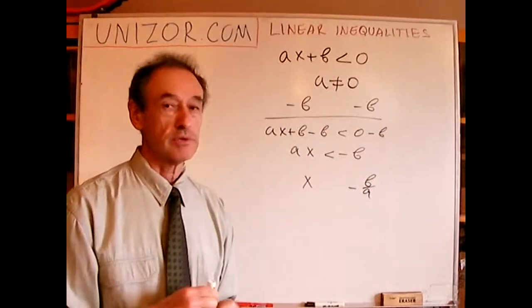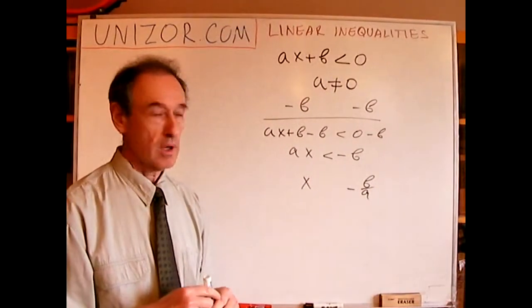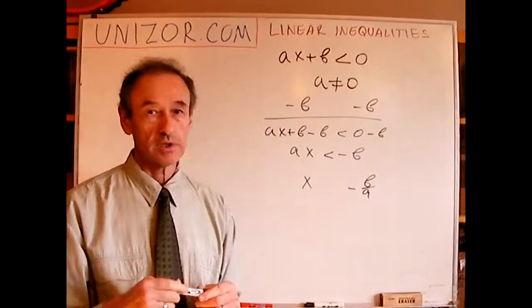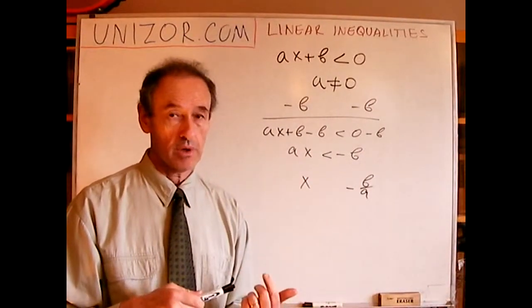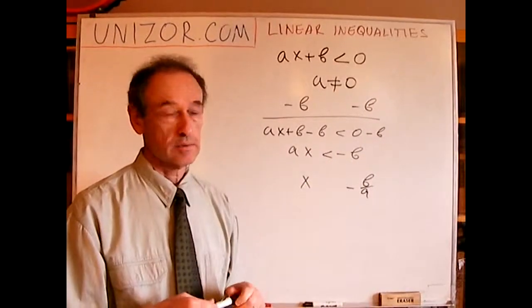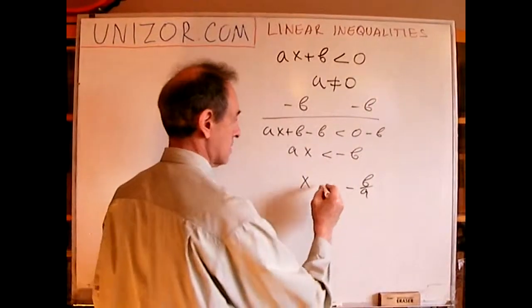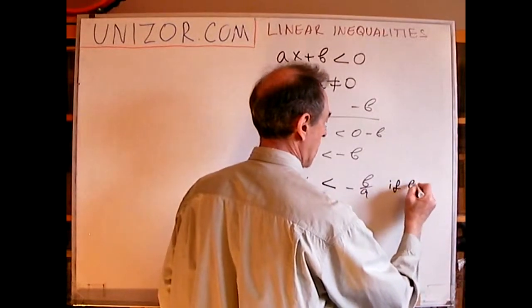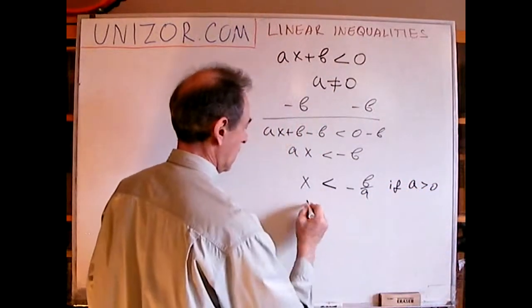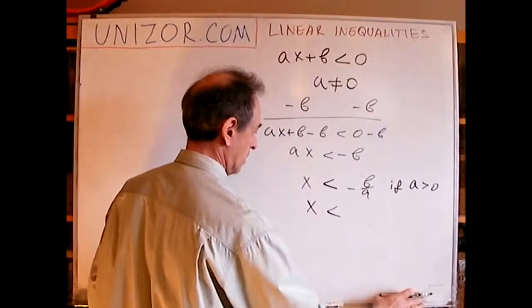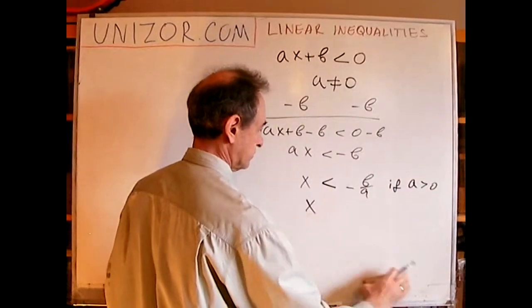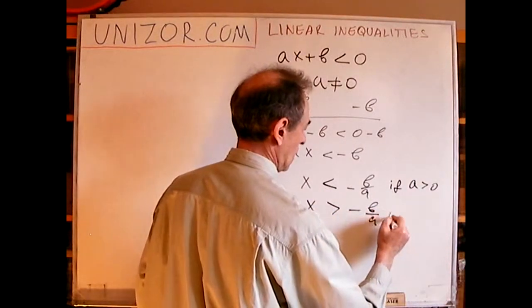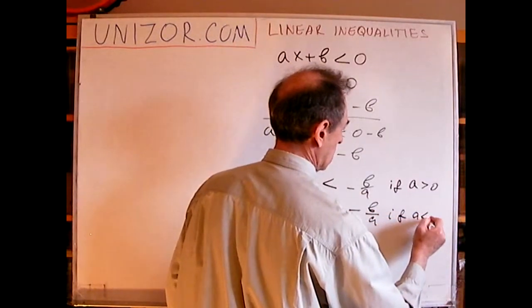If you multiply or divide by a positive number, then you retain the sign. If, however, you multiply or divide by a negative number, you have to reverse the sign. So this thing is like this if a is positive and reversed if a is negative.